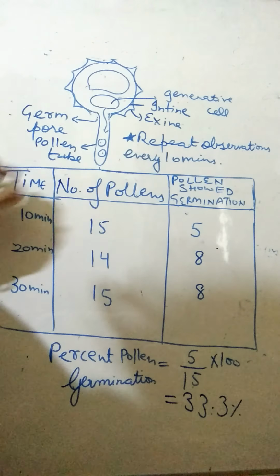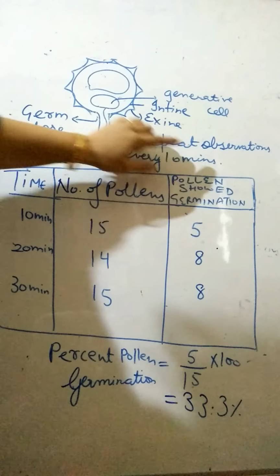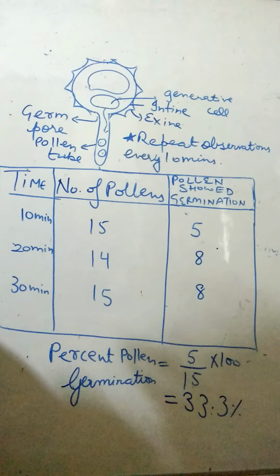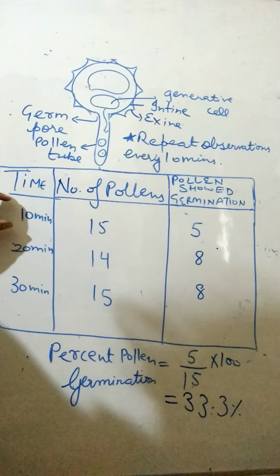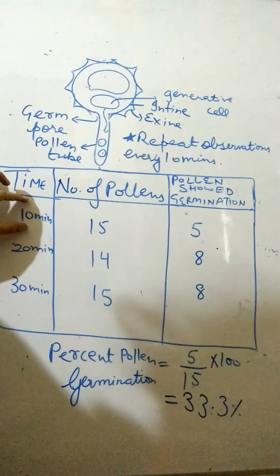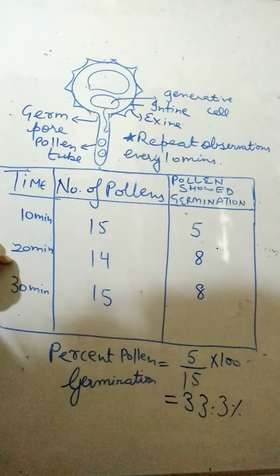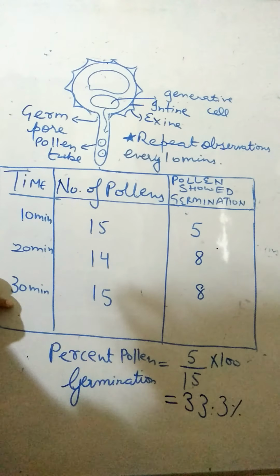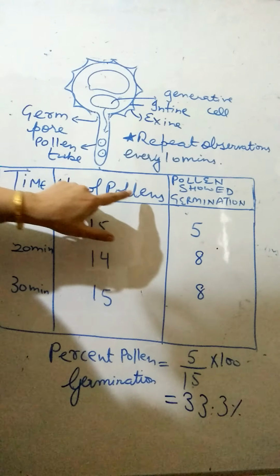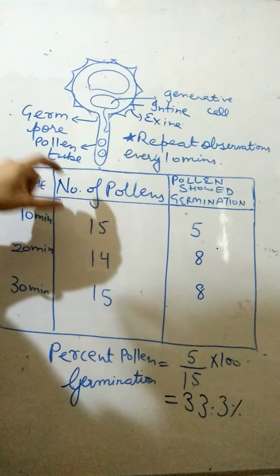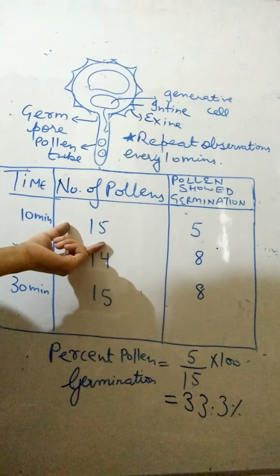And in this way, we have to repeat the observations every 10 minutes. From the starting, I have recorded the observation for 10 minutes, then after 20 minutes, then after 30 minutes. The number of total pollens that I have observed under one view.